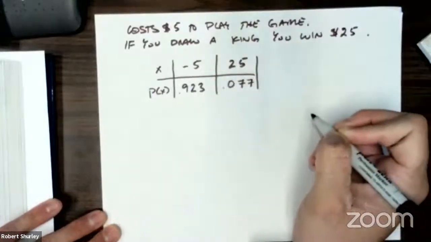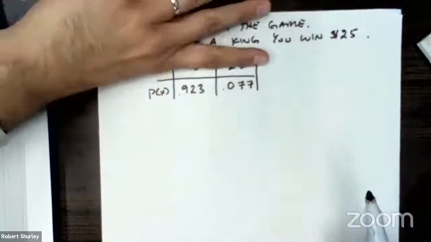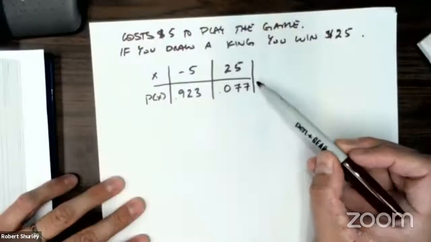So 0.923, okay? What would that be on the calculator? What do you mean? Would it be -5 divided by 52? No. Don't think about this. If I ask you the probability of drawing a king, that's 0.077, right?